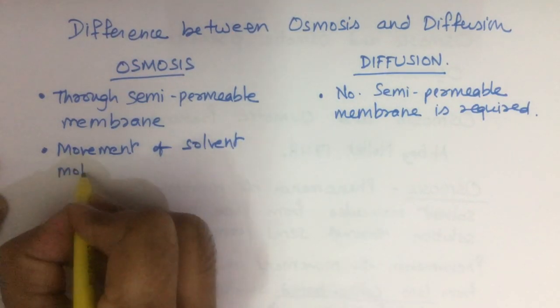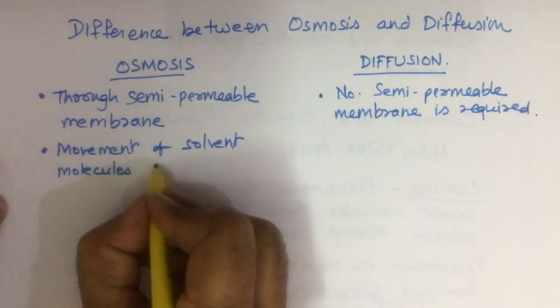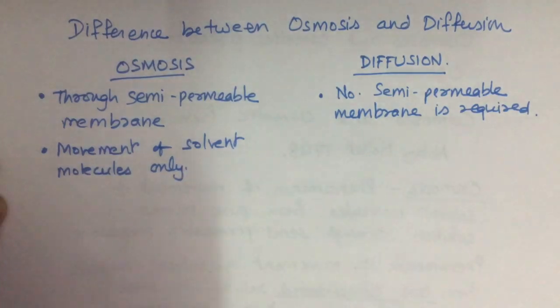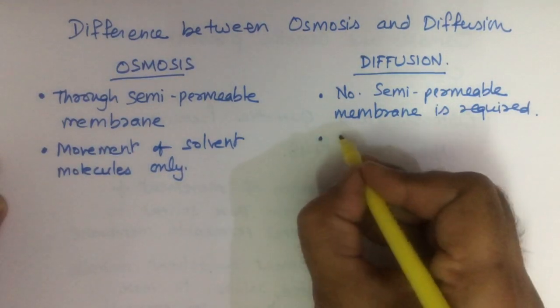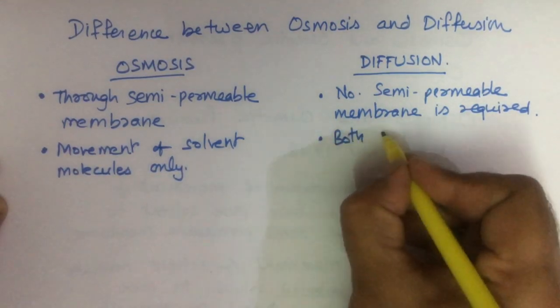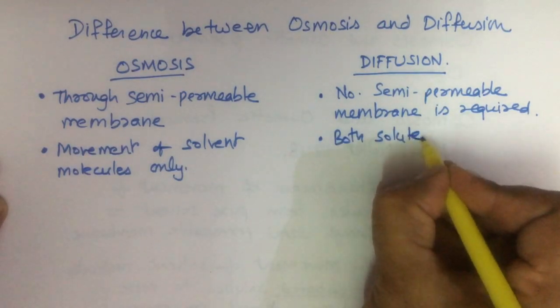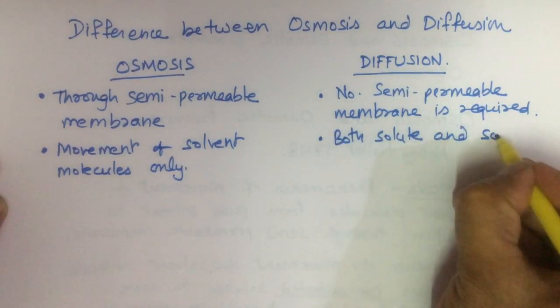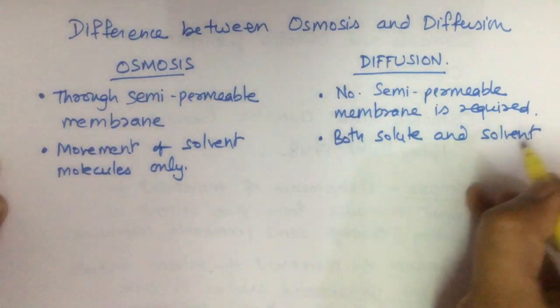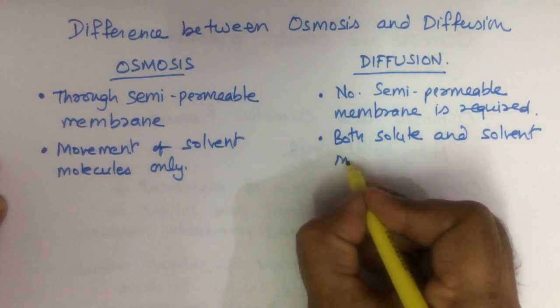Osmosis involves movement of solvent molecules only. In diffusion, both solute and solvent molecules can move.